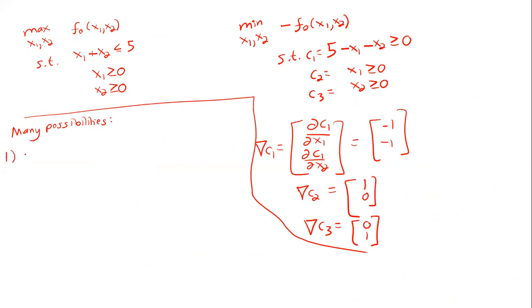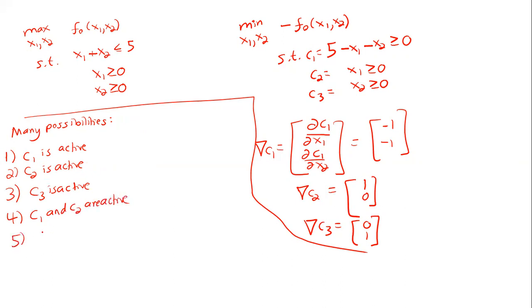So I could have only that C1 is active. I could have that C2 is active, meaning that it's in the active set. So C1 is literally equal to 0, C2 is equal to 0, etc. Or C3 is active. I could also have that C1 and C2 are active.